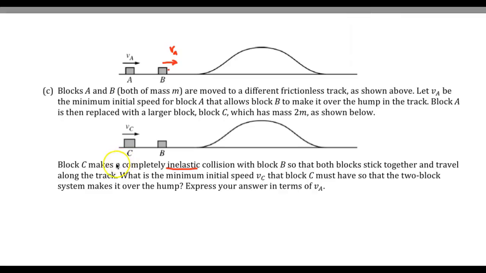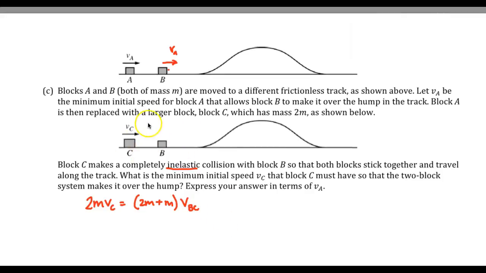Let's set up a conservation equation. The conservation of momentum equation gives us this. We have 2m VC, that's the initial momentum of this big block here, equals the final momentum, or the momentum after they collide, which is 2m plus m times v. I'll call it VBC.